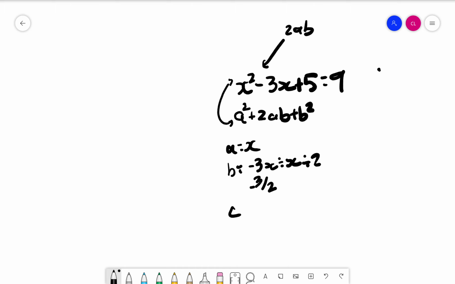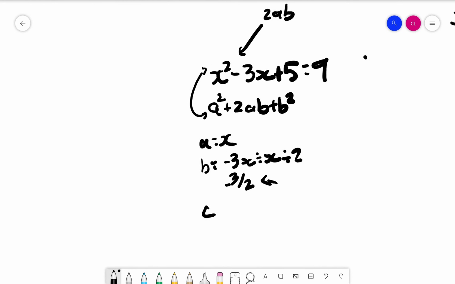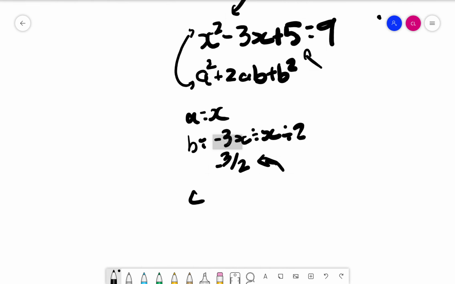And the c has to be the square of that, right? So we need to essentially change the c. So minus 3 over 2 squared is basically 9 over 4. So this would be 9 over 4.